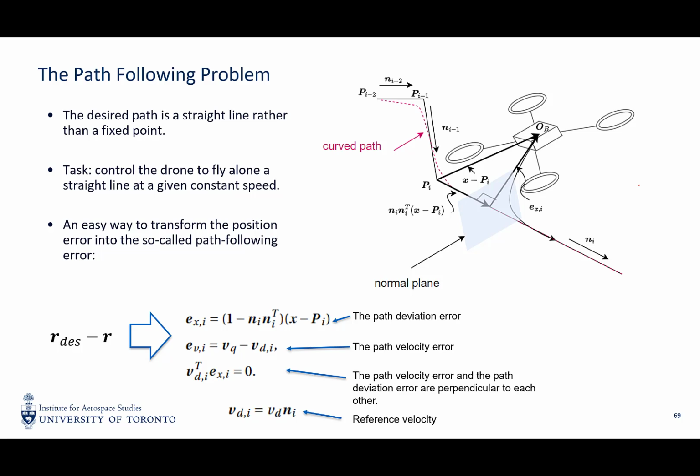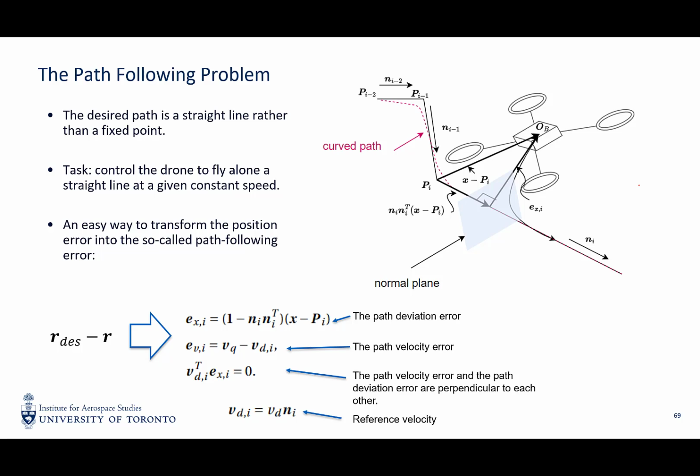Now for a more complicated problem, such as the one here, if we manage to do the controller using the small angle assumption, instead of just letting the drone hover at a given point, we can use this controller to control the drone to fly along a given path at a given constant speed.